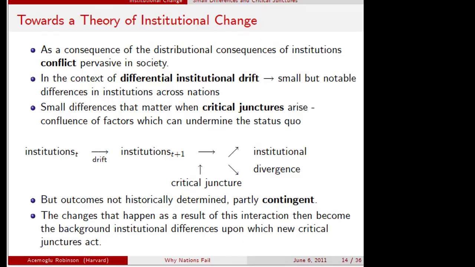So history could have gone differently at many points, and this whole theory of drift and critical junctures has played out differently in different civilizations. This is an important philosophical point: the theory does not say that poor countries are doomed.